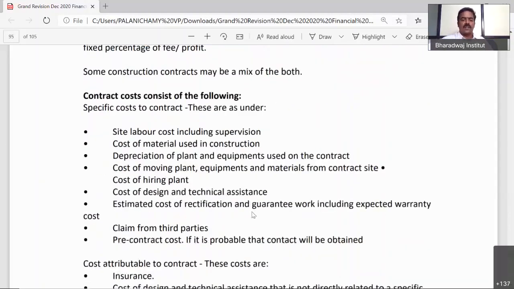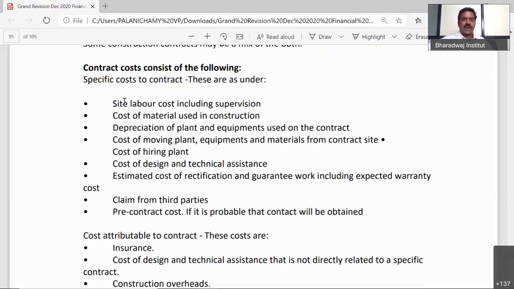What are the things included in the contract cost? All the costs related to construction. Let us assume we run a construction company. Number one, site preparation work, approval cost, planning cost. There may be an old building you are destroying for construction of a new building, that cost.